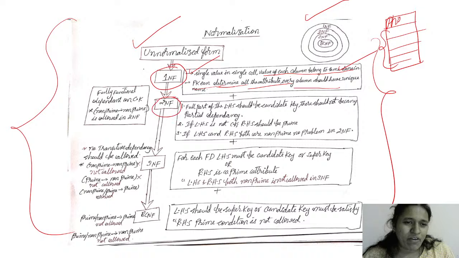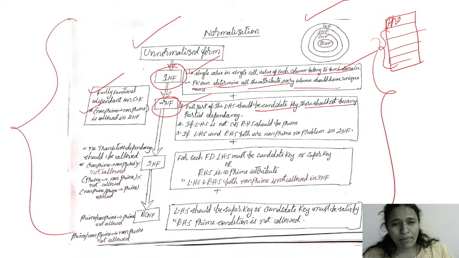In second normal form, attributes must be fully functionally dependent on the candidate key. Here, non-prime to non-prime is allowed in 2NF. The first point is that the full LHS should be a candidate key. There should not be any partial dependency. What is partial dependency?